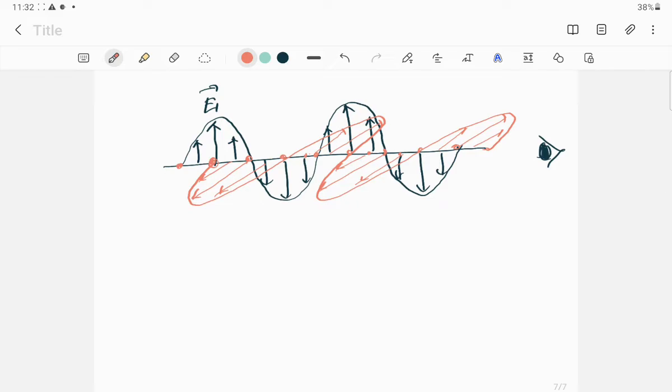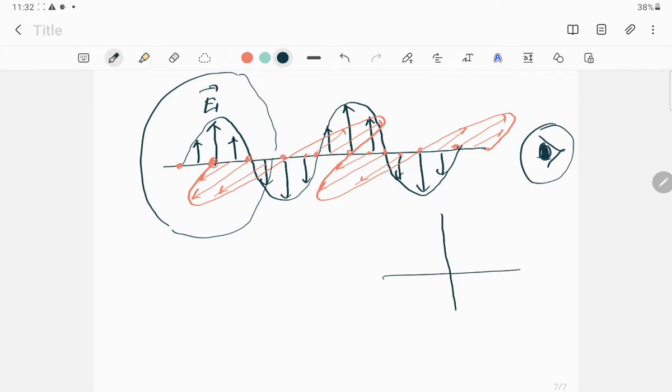Now we need to take care of what this particular person is seeing from his point of view. First of all, let us concentrate on this section. Let me draw the axis system.